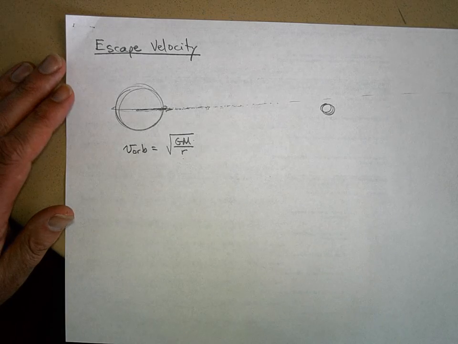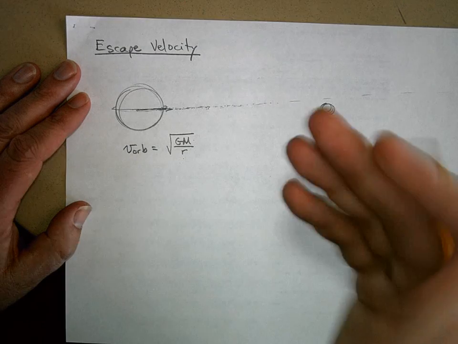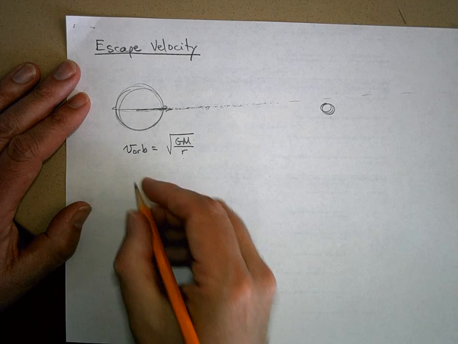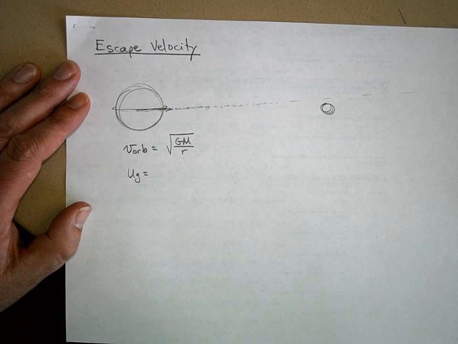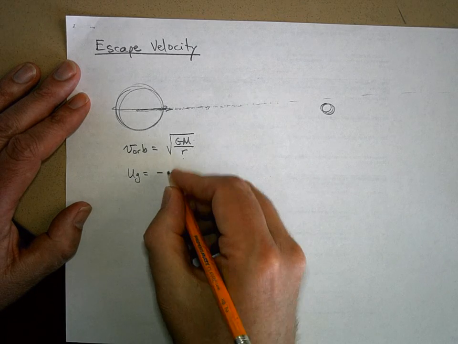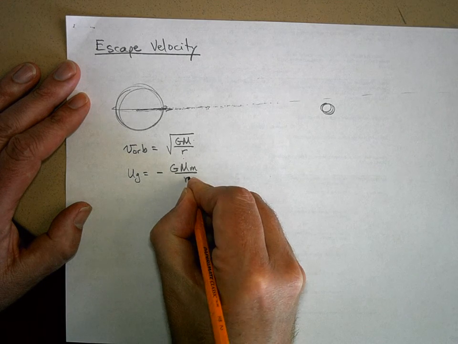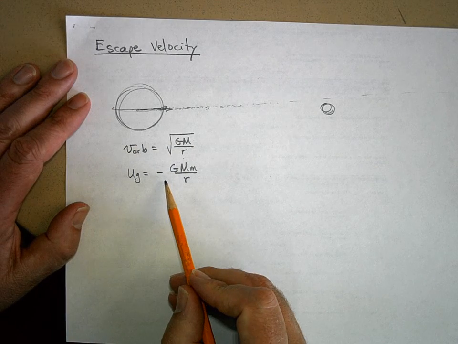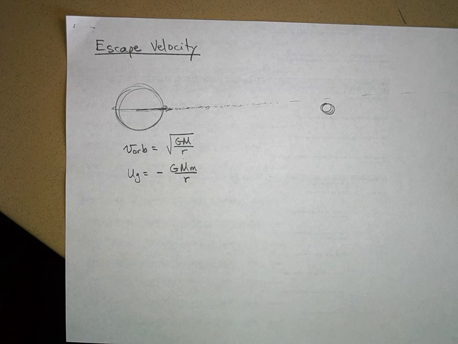Well, here's what you need to know, and we derived this yesterday. We said that the gravitational potential energy, for planetary applications, is equal to negative G M m over r. Negative because we said that gravitational potential energy infinitely far away is defined to be 0.